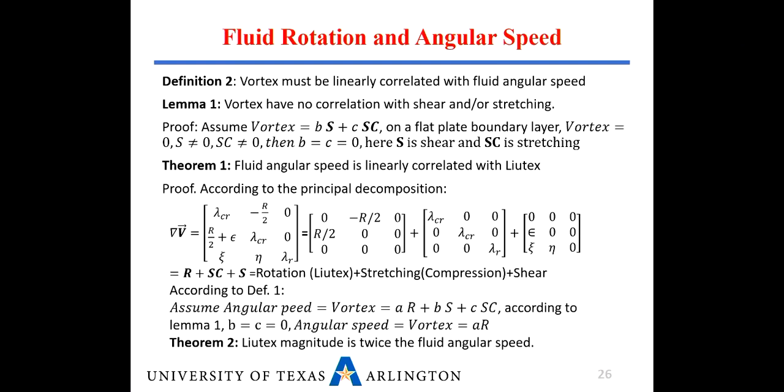So nu-tex satisfies this condition. Suppose vortex is A, B, C, where R is the rotation, S is the shear, and C is the stretching. Apparently B and C should be 0, so only A is 1. So vortex equals A times R. Really, angular speed is 1/2.